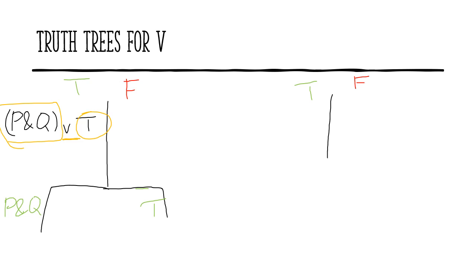Once we move on beyond this stage, then the next thing we would look at is this ampersand. And, since we did it on the previous slide, let's just go ahead and do it. What makes a P and Q true? A P and Q is true wherever P and Q are both true. So right there, that would be fulfilling this whole part of the tree, going from this starting point.